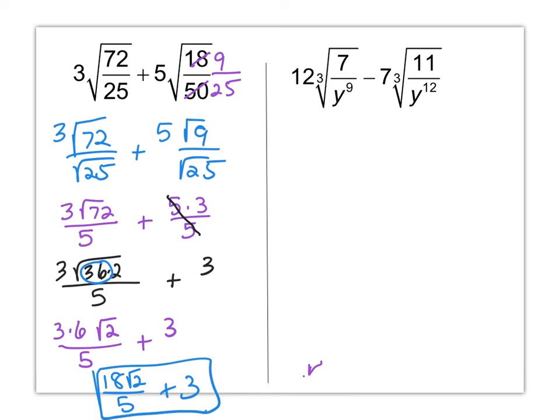On the right side, we have 12 times the cubed root of 7 over y to the 9th minus 7 times the cubed root of 11 over y to the 12th. Let's simplify the radical expressions.